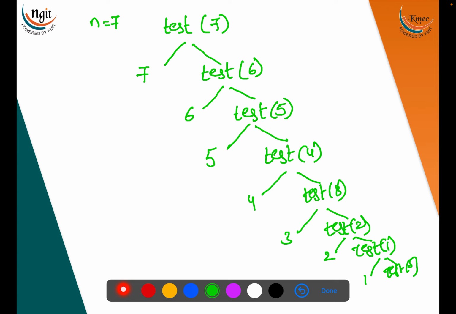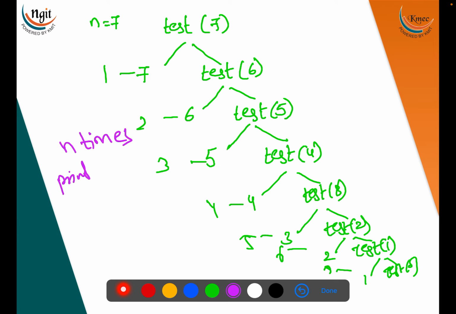Now look at how many times your print statement has executed: 1 time, 2 times, 3 times, 4, 5, 6, 7. So the printf statement, which takes 1 unit of time, is called 7 times. That means n times the printf statement is executed.